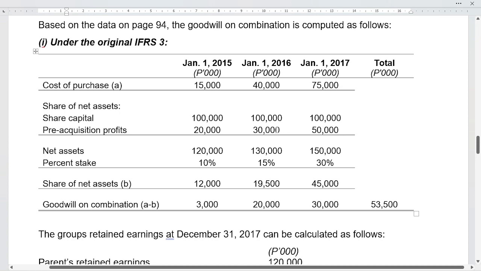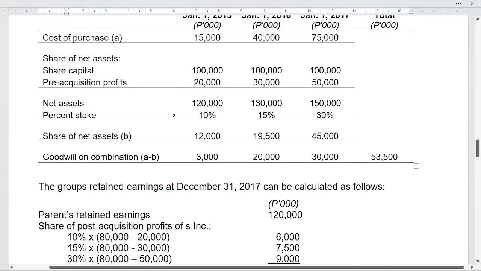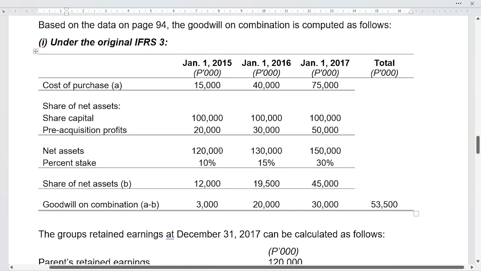These are the balances in retained earnings when P Inc. purchased S Inc. The total net assets will be 120,000, 130,000, and 150,000. We add the share capital and the pre-acquisition profits to get the net assets. The percent stake is 10% on January 1, 2015, 15% on January 1, 2016, and 30% on January 1, 2017.